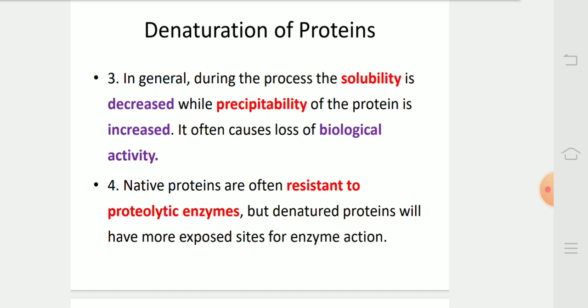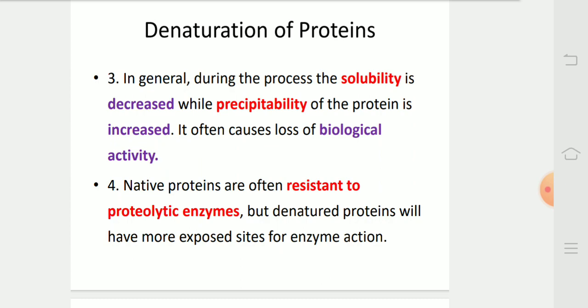In general, during the process of denaturation, the solubility is decreased while the precipitability of the protein is increased. It often causes loss of biological activity.